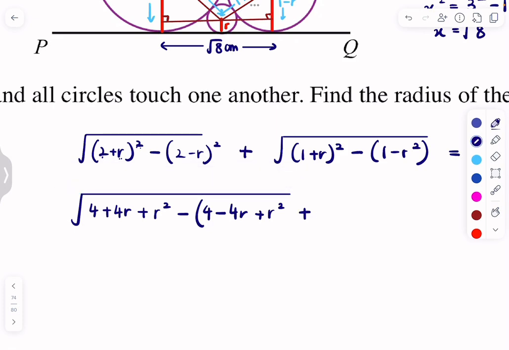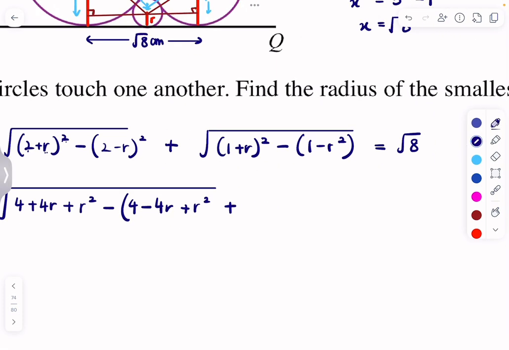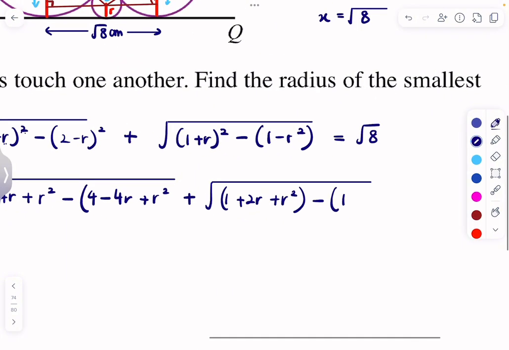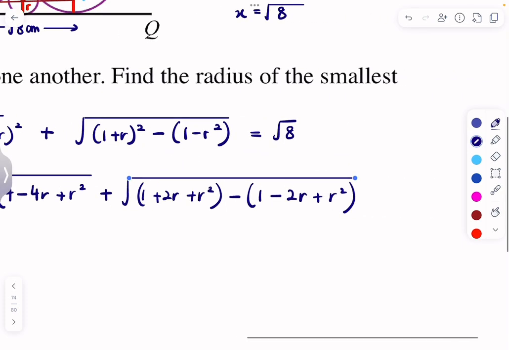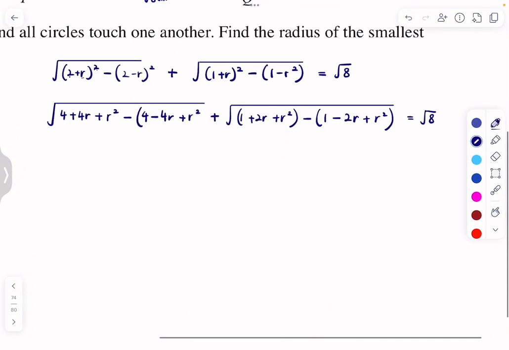Plus, here we get 1 squared is 1, then 2 times 1 times r, we get 2r, plus r squared, minus: 1 minus 2r plus r squared. A lot of expanding, equals surd 8. Now let's try to solve this.